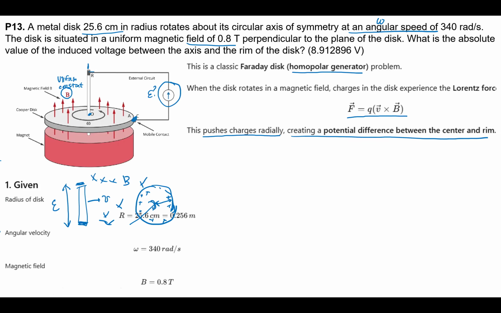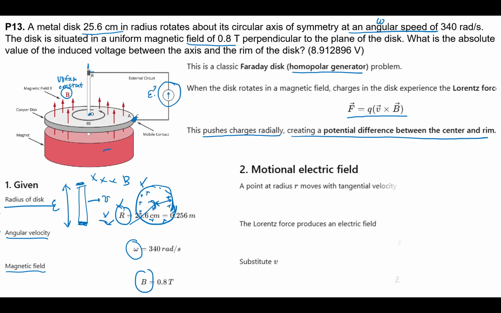So the radius of the disk is given, r, angular velocity is given, omega, and the magnetic field is given, B. Okay? And the motional electric field is given by, so at a point at the radius r, it moves with tangential velocity v equals omega times r.